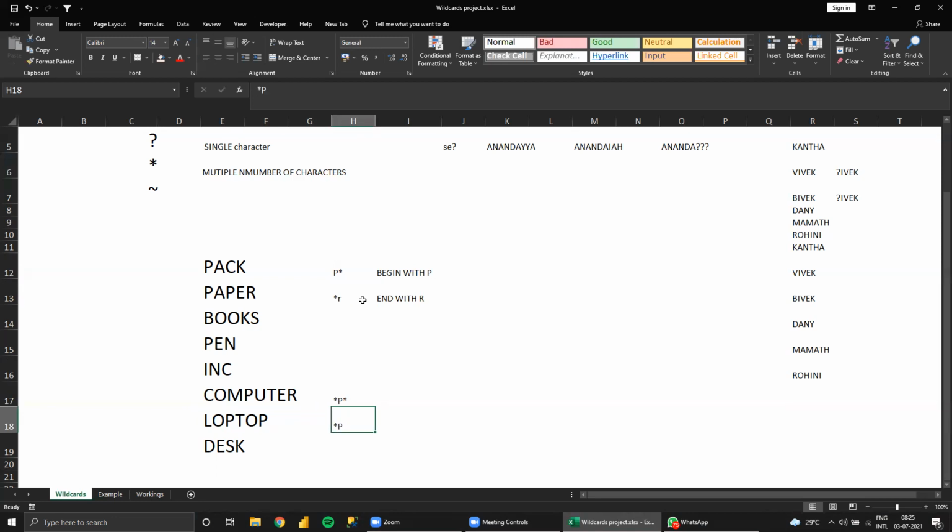Because of this, for any specific word or a begin with, end with type of thing, we can use star. Through star we can create the lookup word for calculations or search or anything. We can use this kind of placing of the question mark or the star.